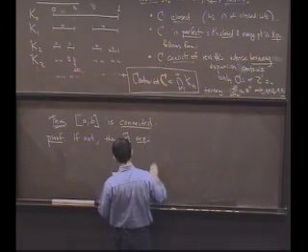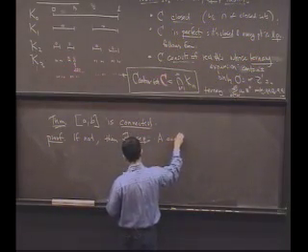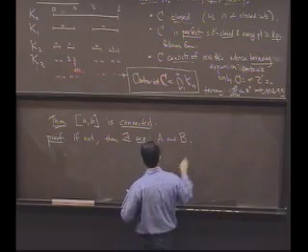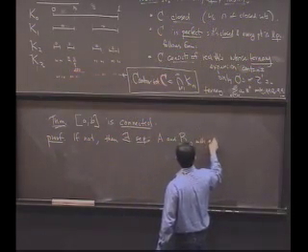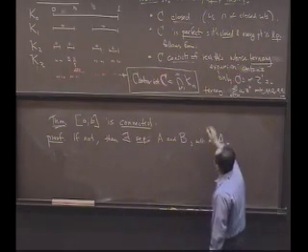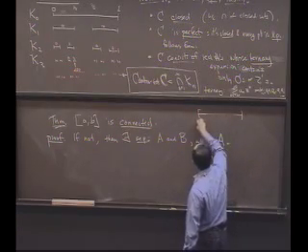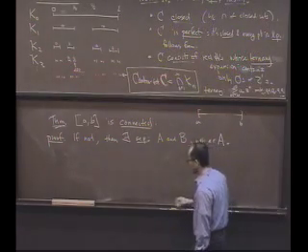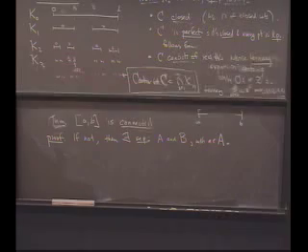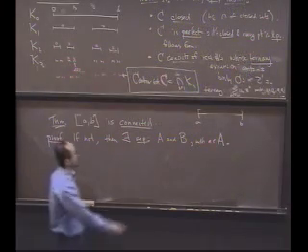I'll abbreviate separation. Let's say A and B, with little a and big A. So here's the interval, little a and b. And here's a set.